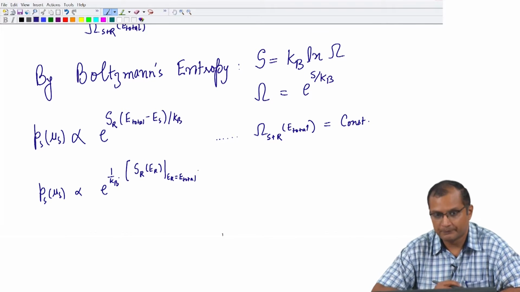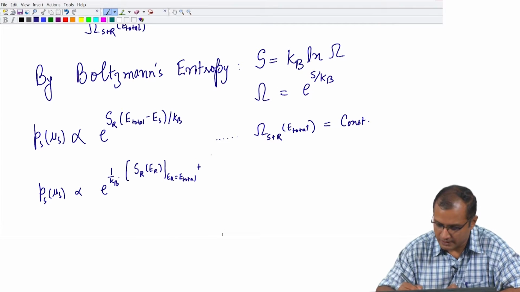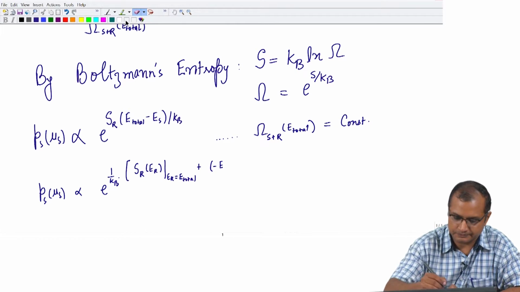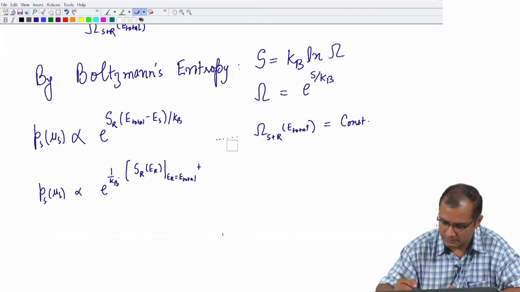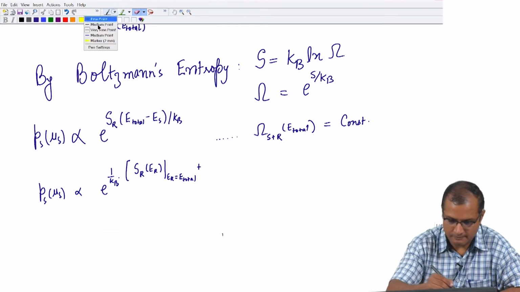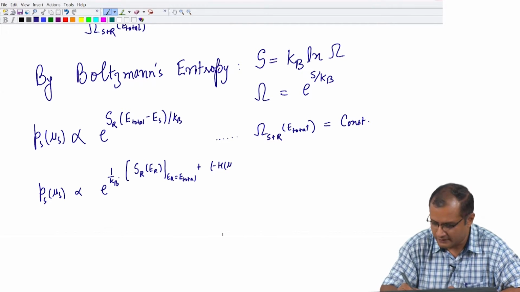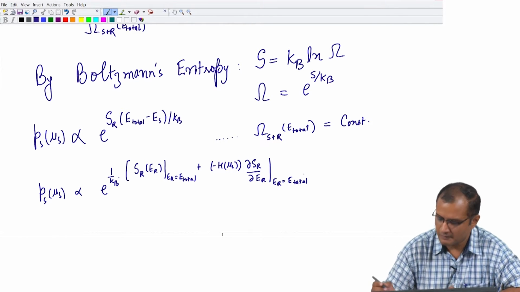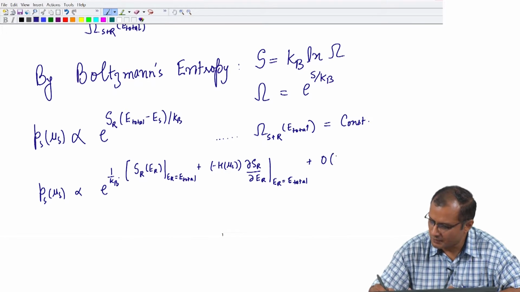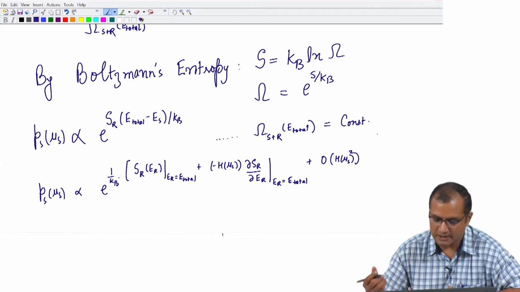So, that will give me the leading term, plus I am going to write down minus E of s, which, because we are talking about instantaneous energy, E of s is nothing but H of mu s, into delta S r over delta E r at E r equals E total, plus higher order terms which I am going to drop because they are at least quadratic in powers of the Hamiltonian of the system, and that is very small compared to the energy of the reservoir.